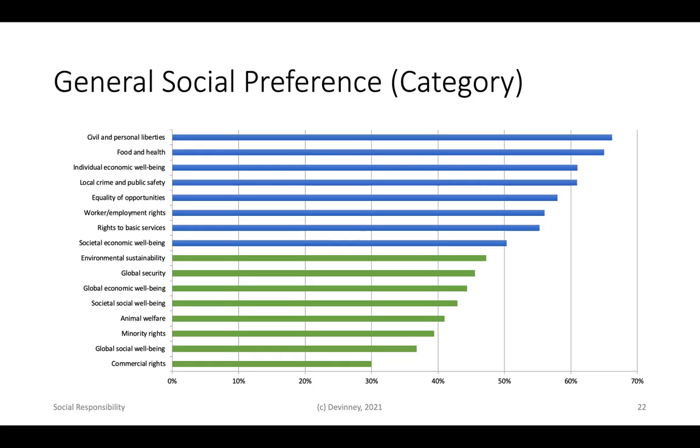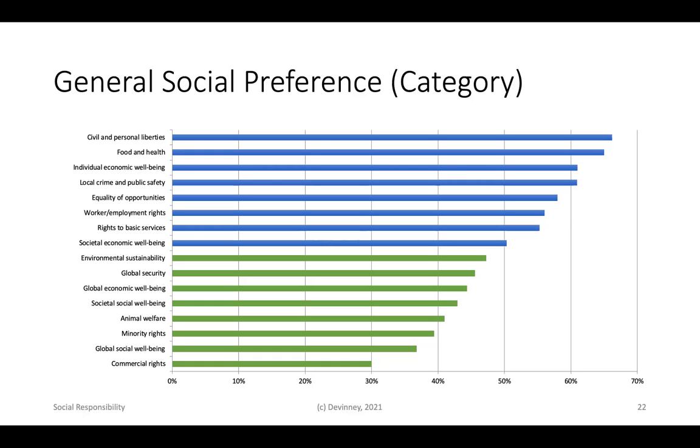But effectively what it would say is civil liberties, which is approximately, let's say, 65%. If civil liberties were to compete with environmental sustainability, which is about 45%, then the preferences are such that civil liberties is about 1.5 times the valuation of sustainability.